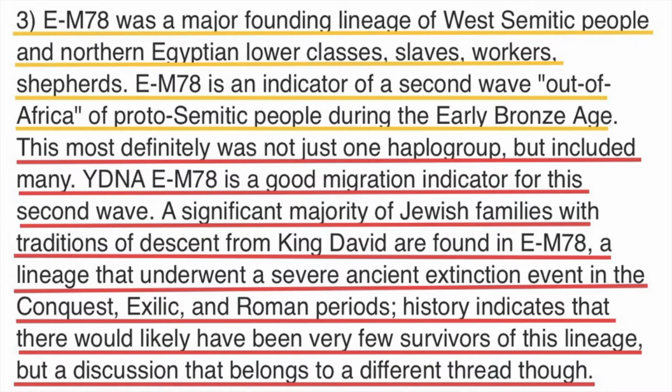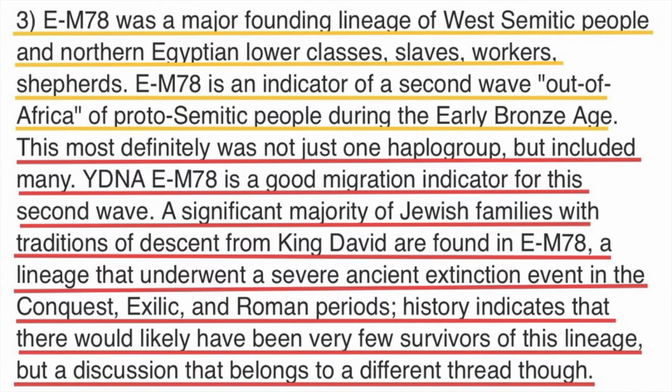So E-M78 was a major founding lineage of West Semitic people and northern Egyptian lower classes, slaves, workers, and shepherds. E-M78 is an indicator of a second wave of out of Africa of Proto-Semitic people during the early Bronze Age. This most definitely was not just one haplogroup, but included many. Y-DNA E-M78 is a good migration indicator for this second wave.